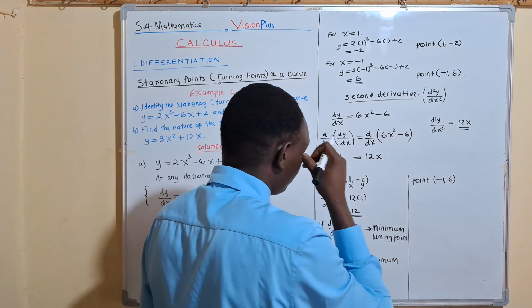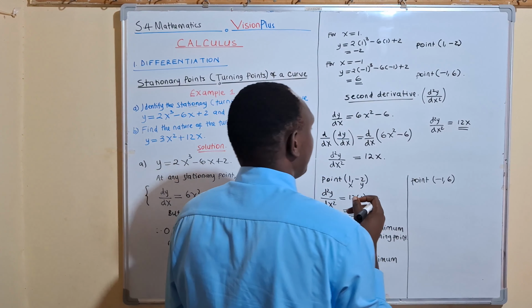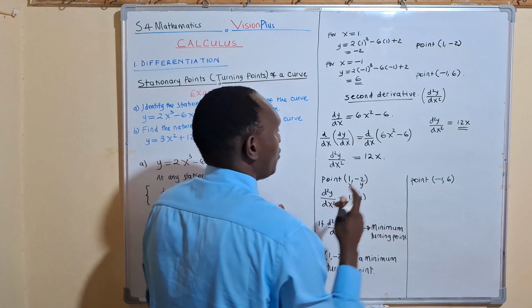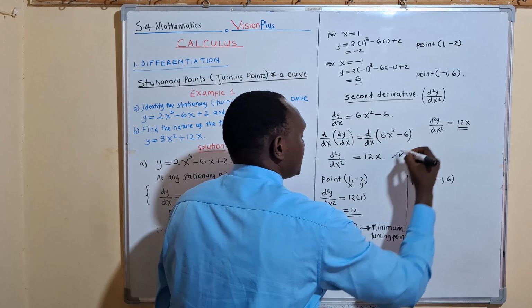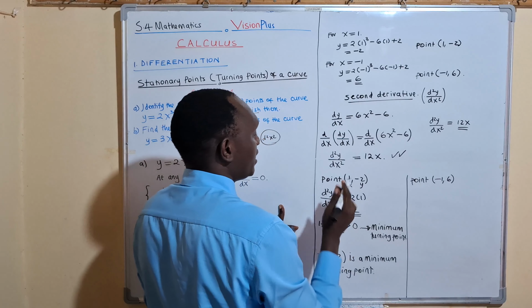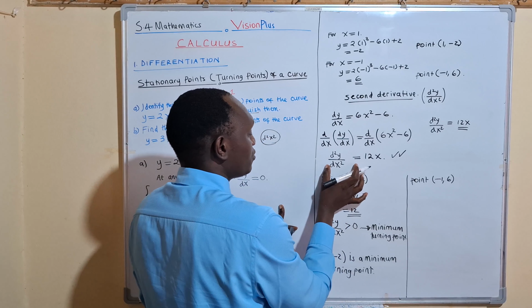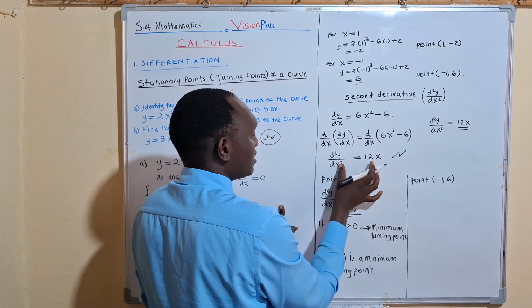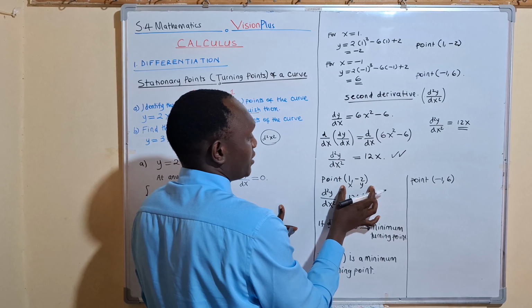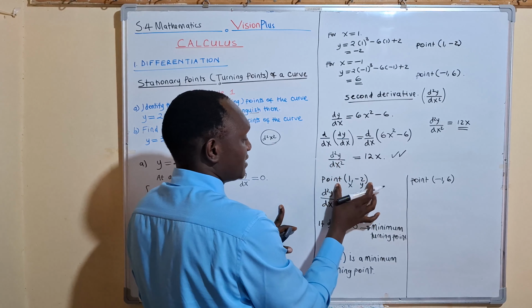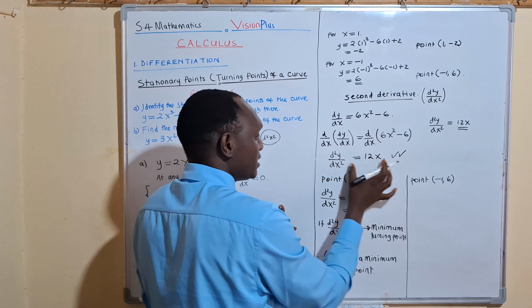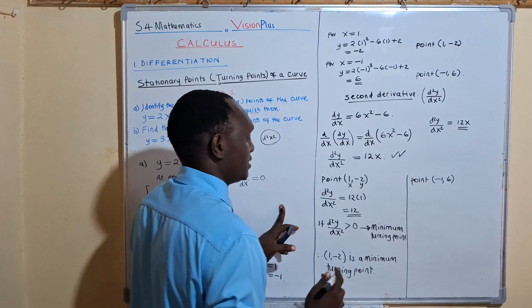Now from here, what do we do? We already have the second derivative, so we just use it to test for the points. I've tested the first point, and I'm going to test the second point.